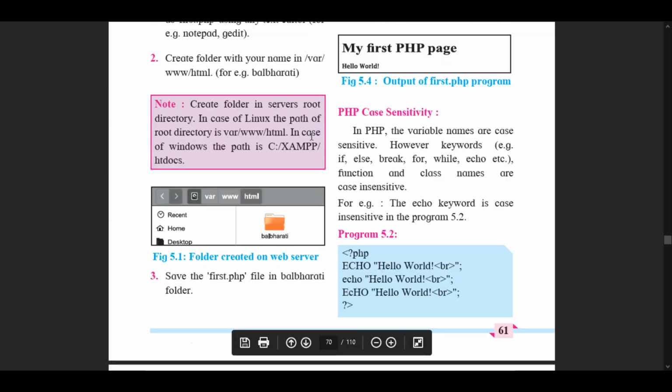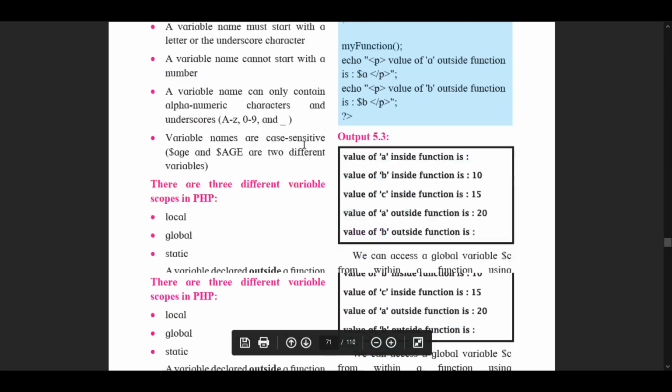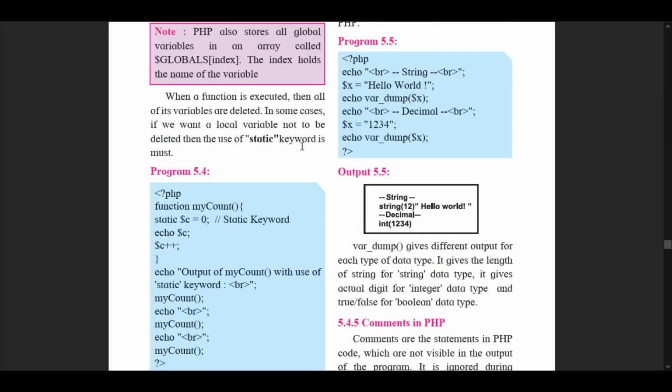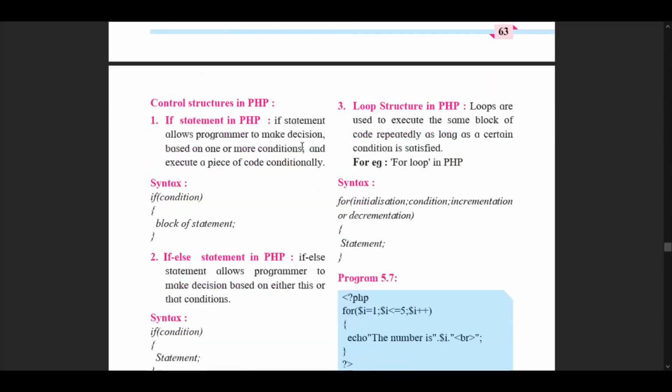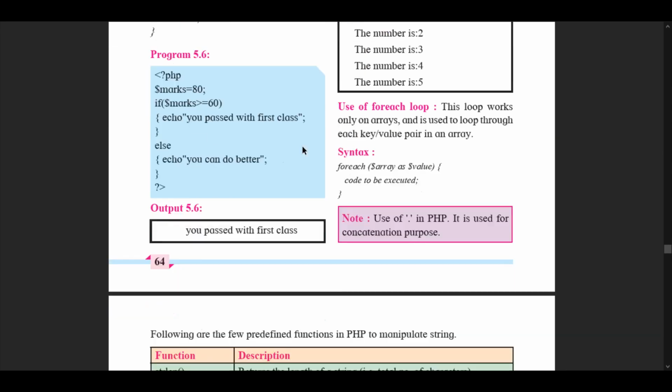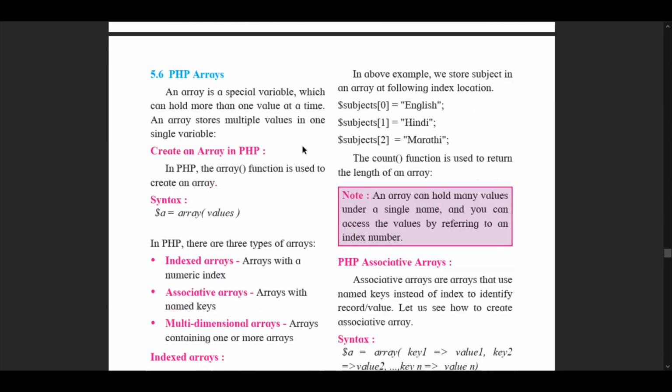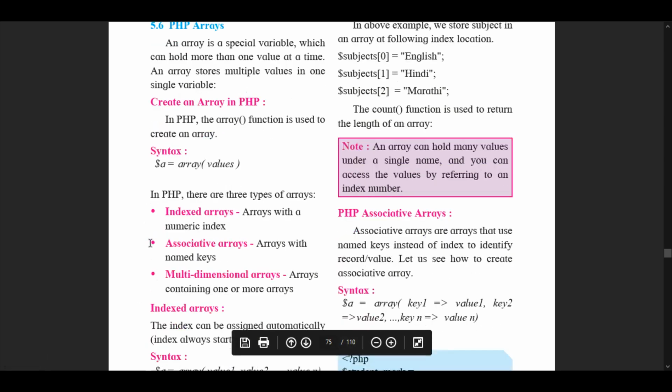So directly we come to our unit 5.6, PHP arrays. Out of these 3 arrays given, these 2 arrays have been deleted.